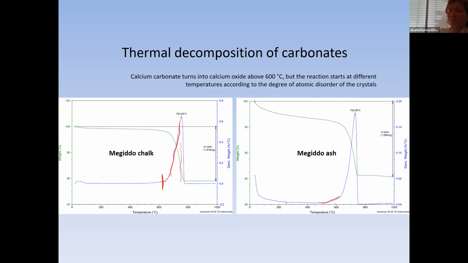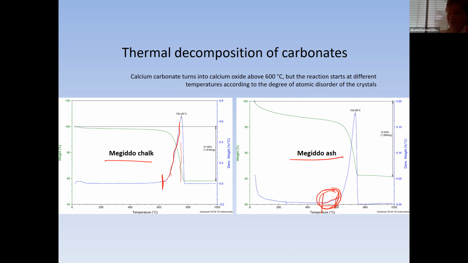So we thought that we could use this difference between the geogenic chalk, in this case of Megiddo, and the ash of Megiddo. After you separate by density, you then re-separate with thermal decomposition and get the aragonite only for dating.